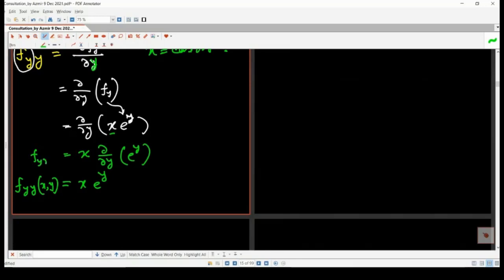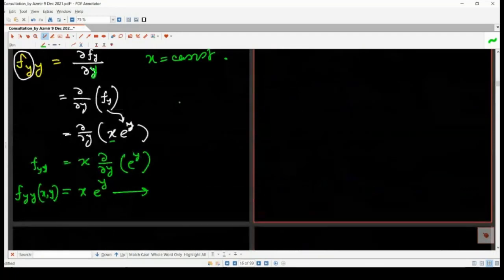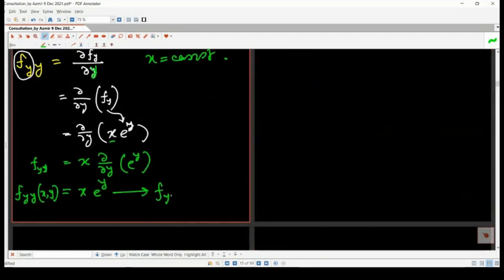Now our target is to find f sub yy at 1 comma 0. Where we have x, we input 1, where we have y, we input 0. So 1 times e power 0, that means 1.